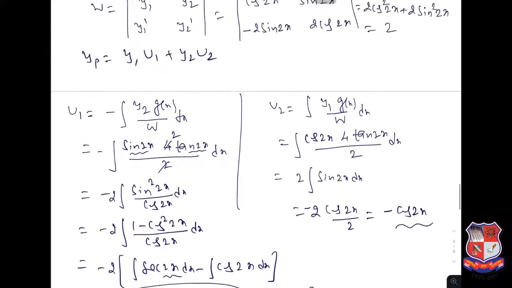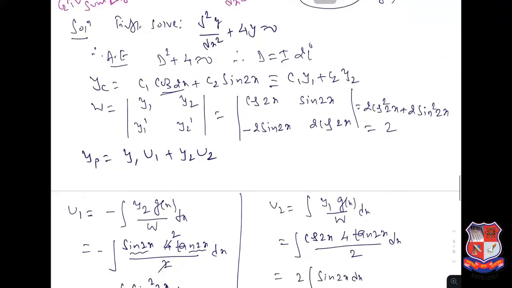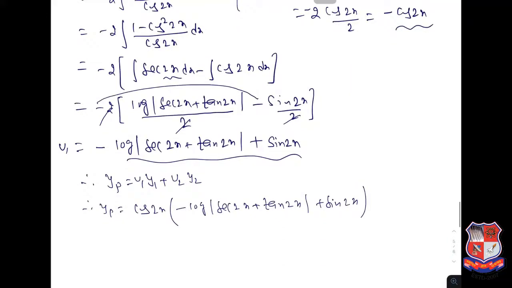So this is u2 and y2 is sin 2x. So minus sin 2x cos 2x. Okay.